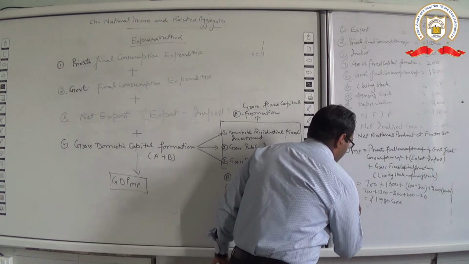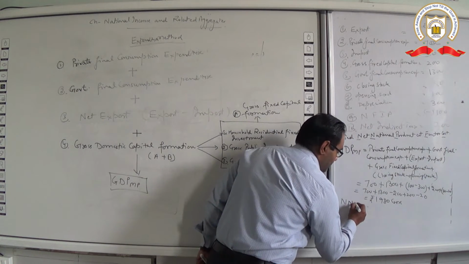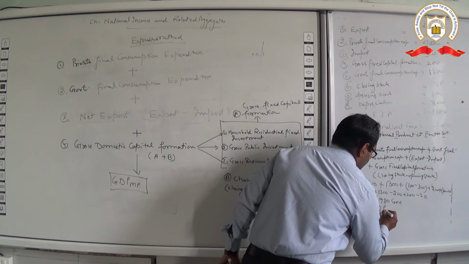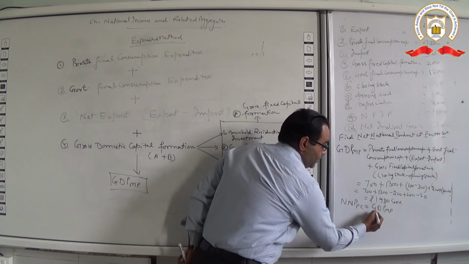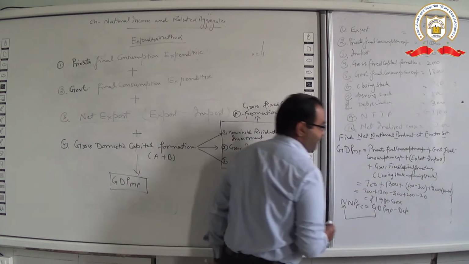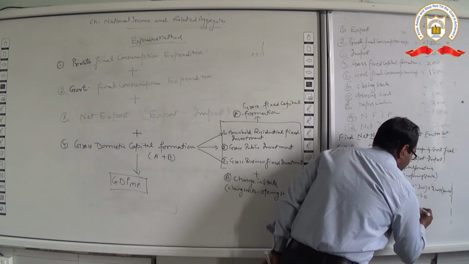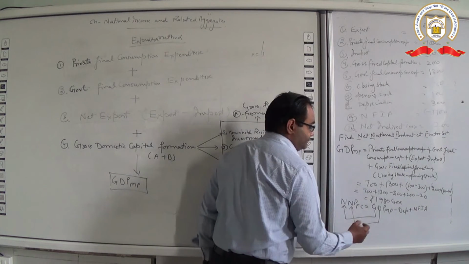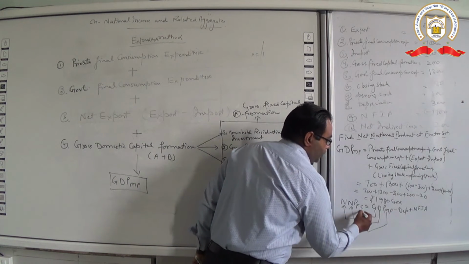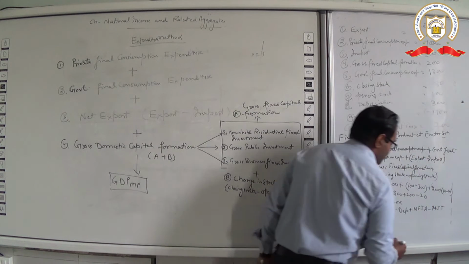Now we have to calculate net national product at factor cost, and we have already calculated GDP at MP. Now do the conversion: gross into net, minus depreciation; domestic into national, plus net factor income from abroad; product to product, no change; and market price into factor cost, minus net indirect tax.